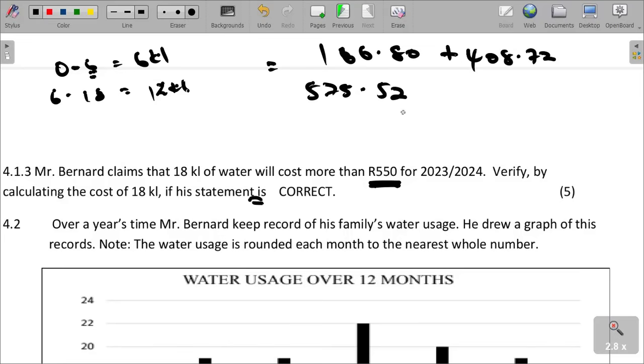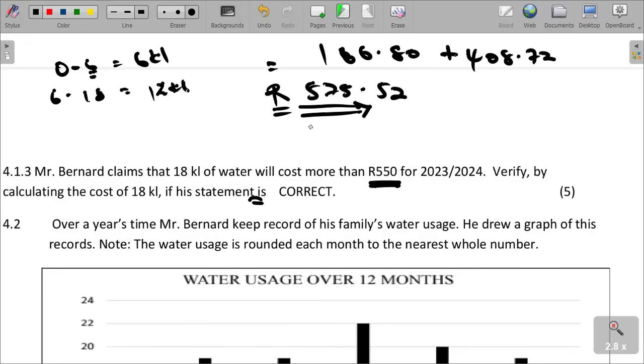So Mr. Bernard claims that 18 liters of water will cost more than 550. What we are seeing is that it can cost more than 550.